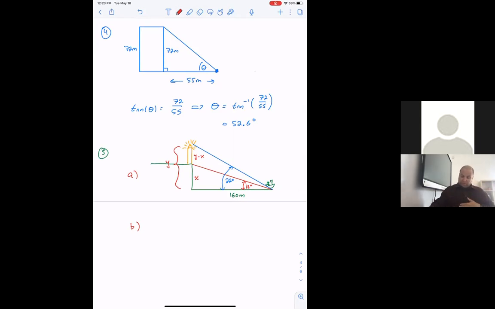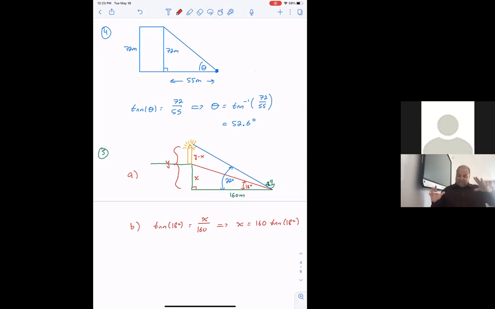We have the angle, we have adjacent. We want opposite, that's tangent again. Tangent of 18 degrees equals opposite over adjacent. So X is 160 tangent of 18 degrees.